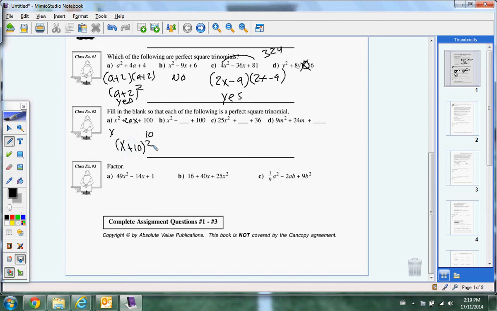Conversely, this one's going to be (x - 10) squared, which gives me minus 20x. Ooh, tricky. Third one. Well, this is going to yield a 5x. This is going to do a 6. 5 times 6 is 30, times 2, so 60x.